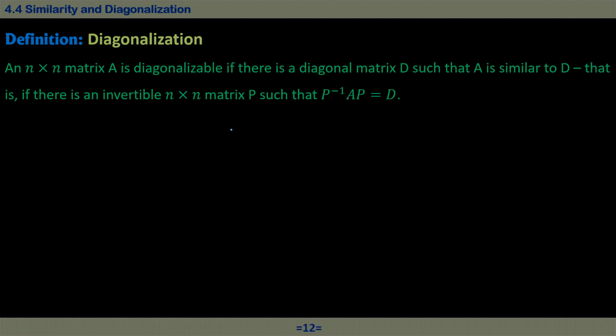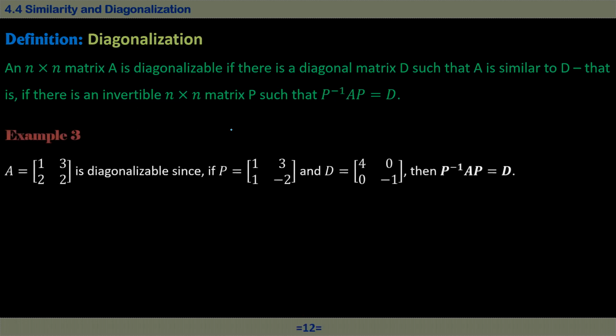So an n by n matrix A is diagonalizable if there is a diagonal matrix D such that A is similar to D. That is, if there is an invertible n by n matrix P such that P inverse times A times P equals D. So we are just saying that A is diagonalizable if it is similar to some diagonal matrix D. That is all about here. Let's just see one example. After that, we'll have a break and I'll continue after 10 minutes.